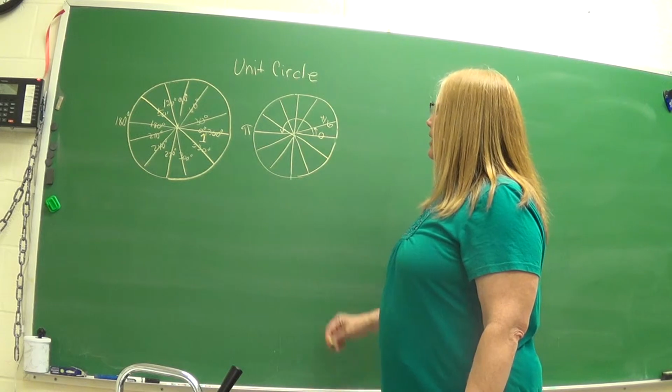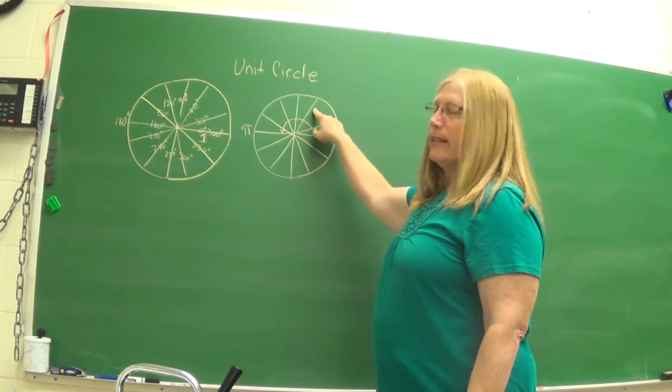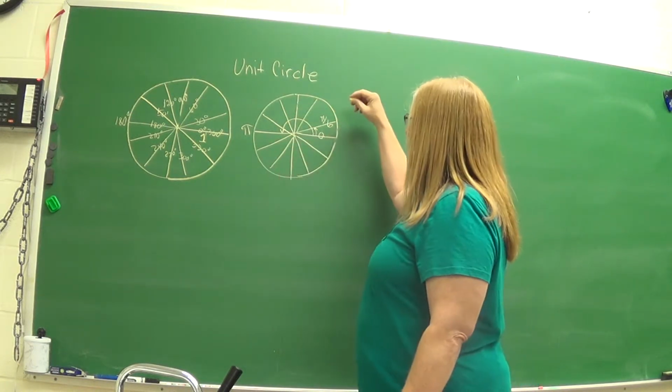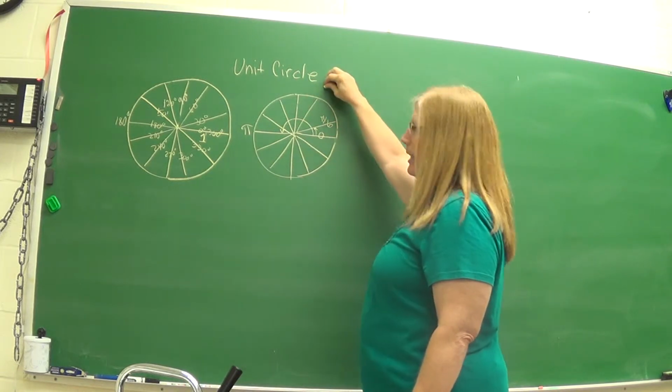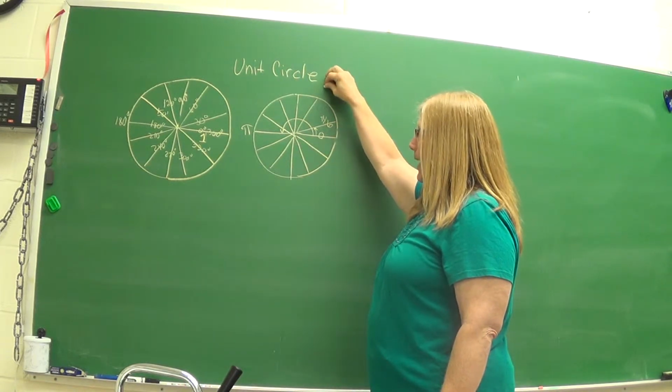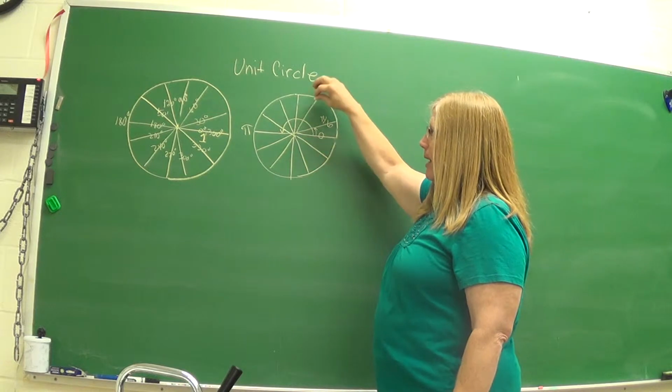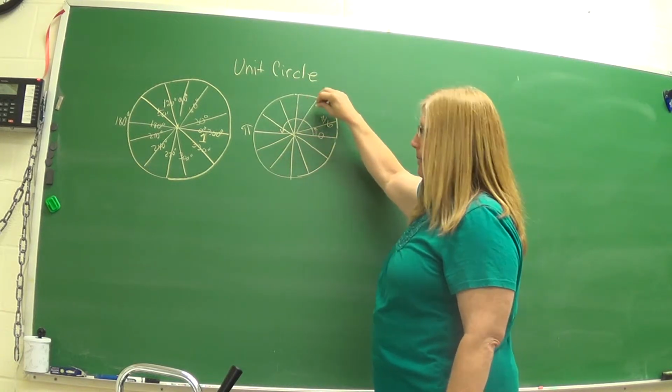After pi over 6, we're going to add 1/6 as we go around. So I'm going to write it out here. You might want to wait until I reduce it and put the final one where I want it.